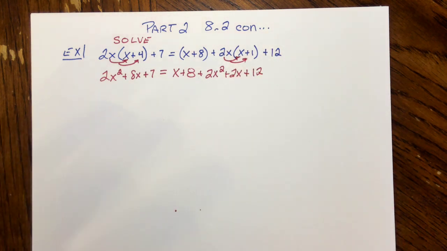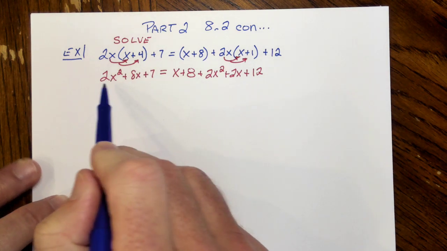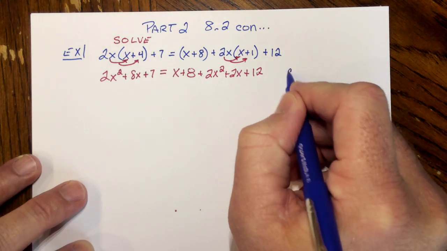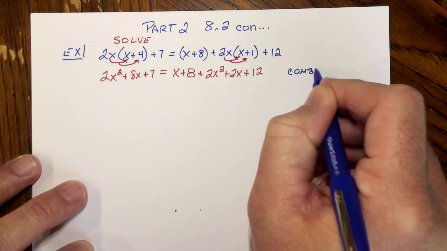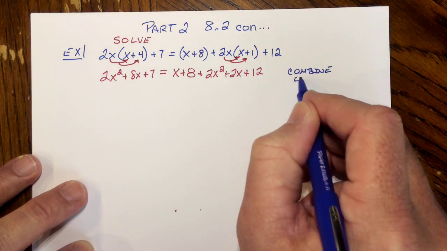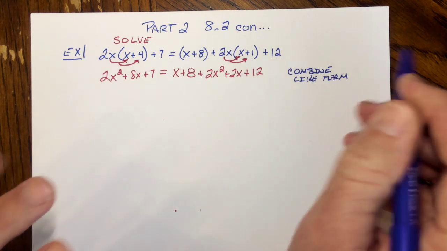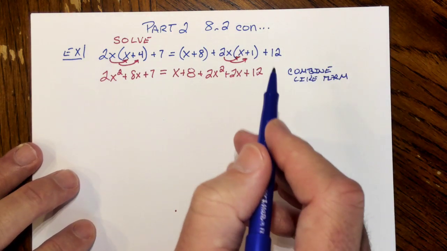Now, different people are going to tell you different things when you get into this stage. It comes down to this. Make it as simple as you can for yourself. So as we look over here, can we combine any like terms? Squared, first power, no exponent. The answer is no. But we can combine on this side. Remember, when you're combining like terms, it's a side thing, one side of the equal sign or the other. So we look.